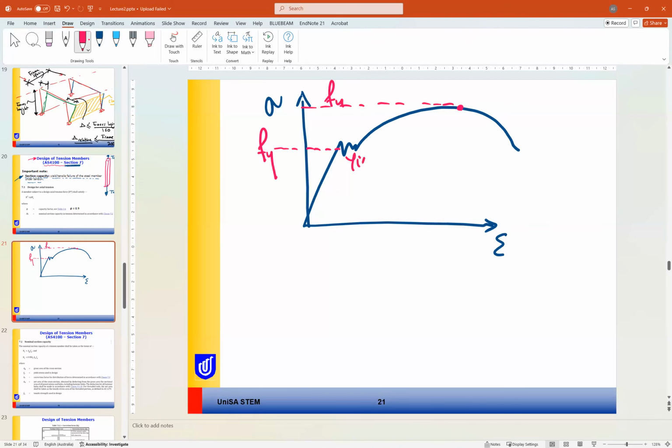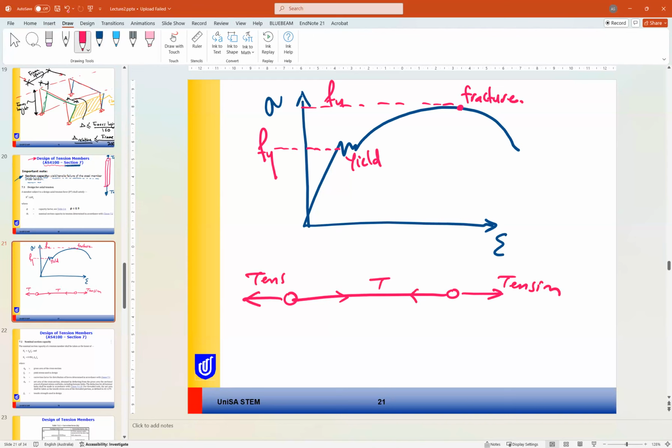So this is the yield point, and this is the fracture or tensile point. When you are applying tension force on this member, we have two criteria: the yielding of the member or the ultimate or tensile failure of the member.